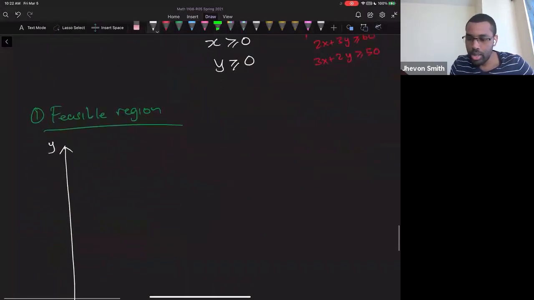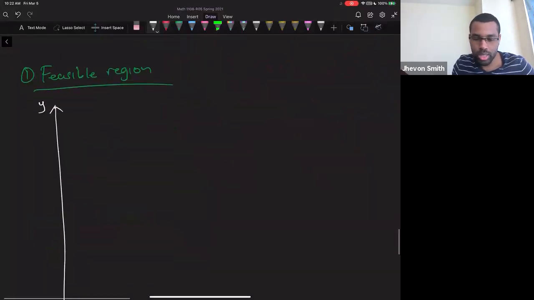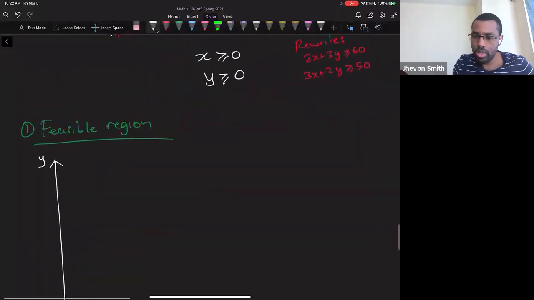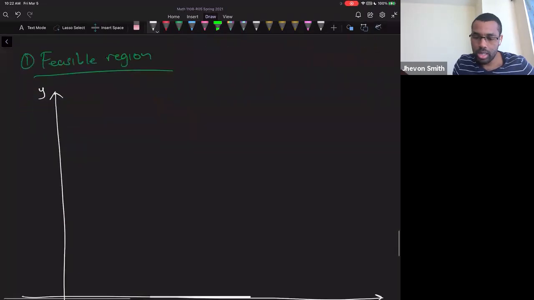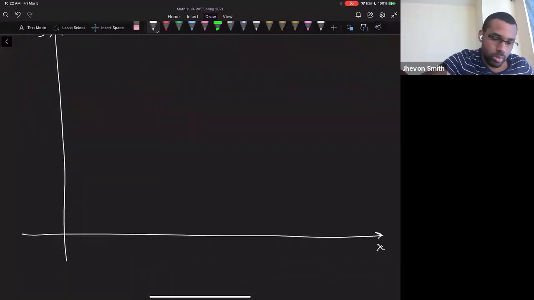Let's go with those. So I need 2x plus 3y equals 60. With y equals 0, my x is 30, and with x equals 0, y is 20.